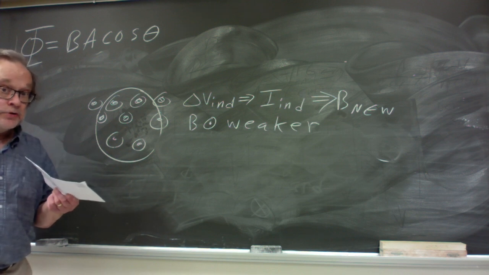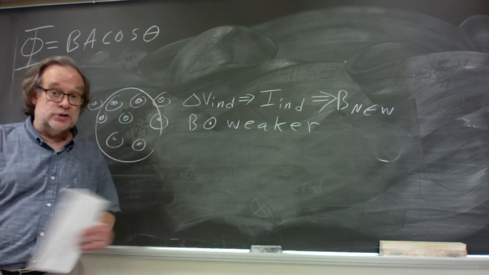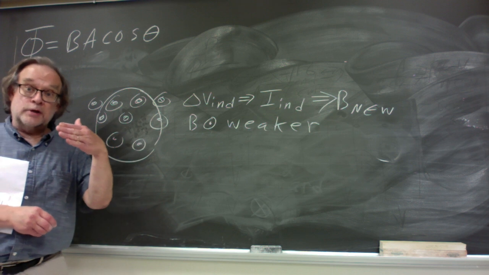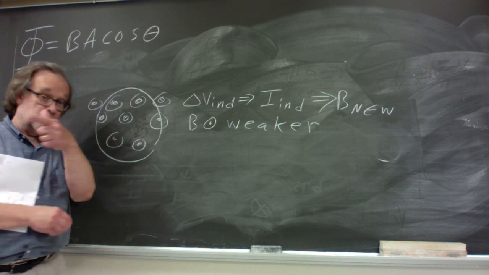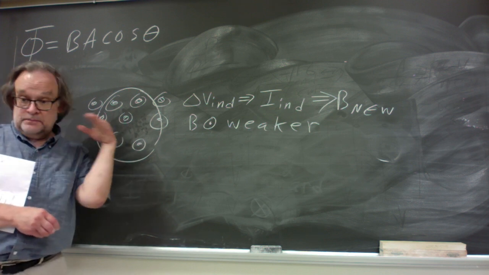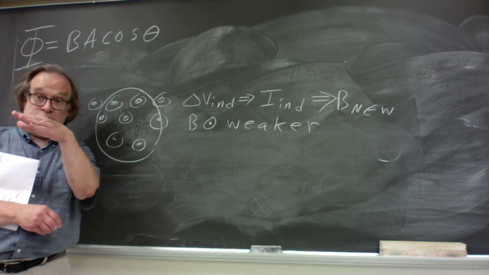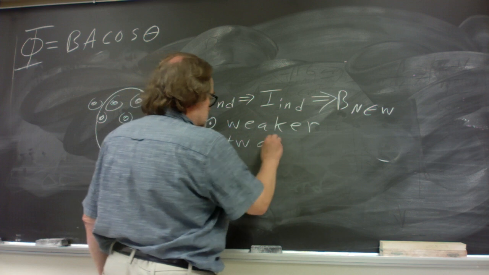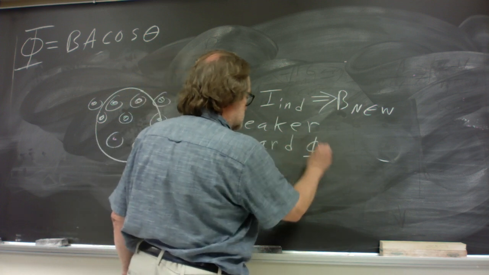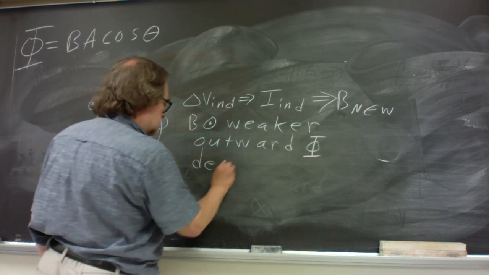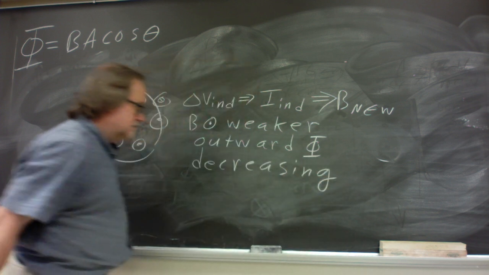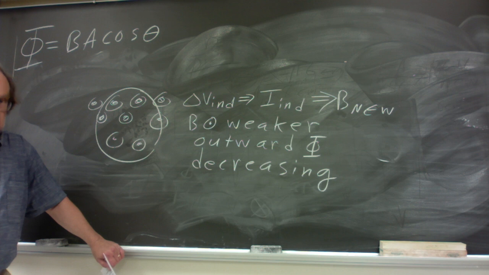So again, there's a change in flux. And our first step is to characterize that change in flux. And we can say, in this case, outward flowing flux is getting weaker as the field lines are going this way, and the strength of the field in this direction is getting weaker. Outward flux decreasing.